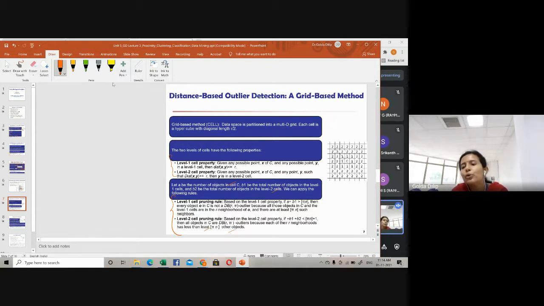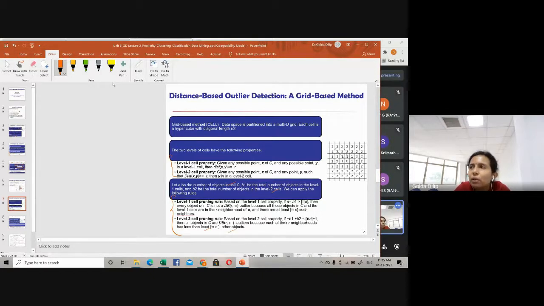Since many objects get pruned this way, beyond this we need to look into the data objects that don't get pruned with the help of these two rules, that is level 1 self pruning and level 2 self pruning. For such objects, which do not fall under level 1 and level 2 pruning, we need to compute only the distance between O and the objects in level 2.